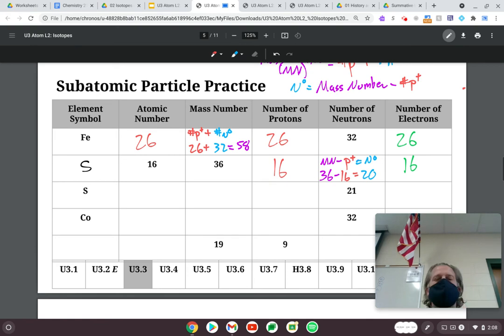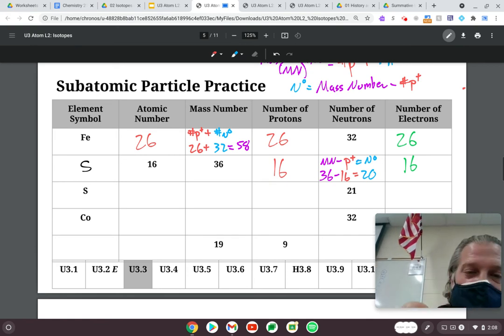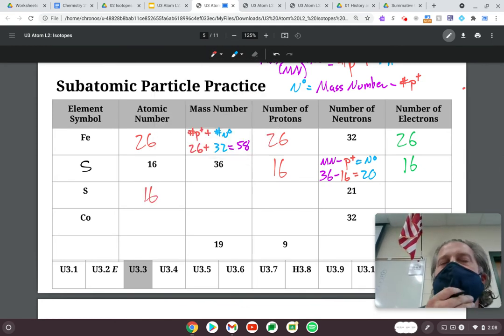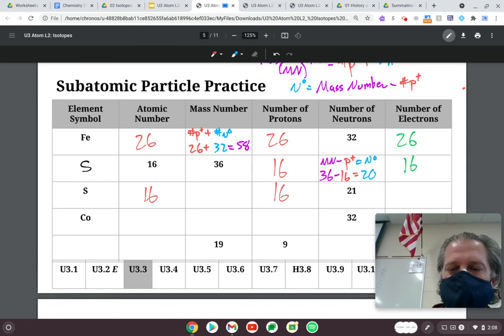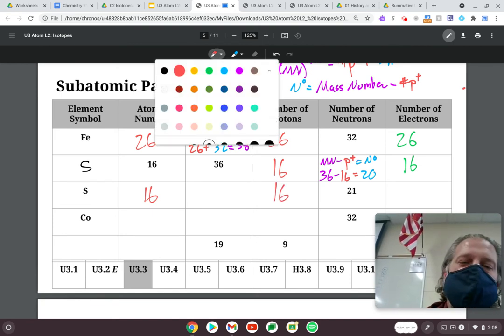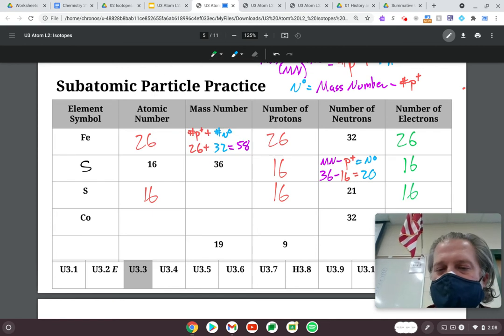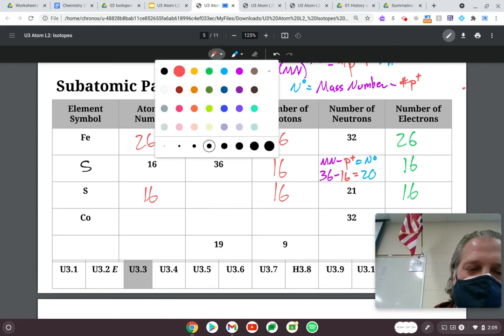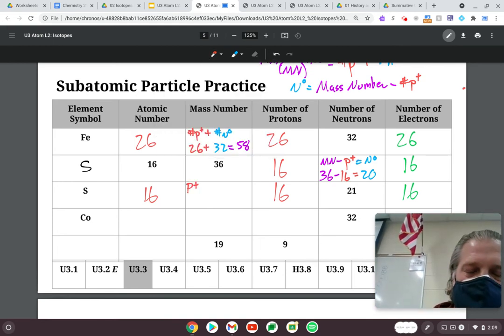So sulfur, S, has an atomic number according to the periodic table of 16, which means its number of protons is also 16, which means in a neutral atom, which these are, the electrons are also 16. But the mass number is the sum of the protons and the neutrons, so protons plus neutrons gives us the mass number.